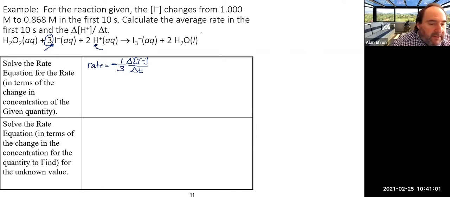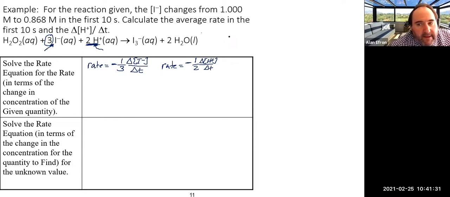We also could do a similar approach for H plus, which we're interested in, and that would be the rate. H plus is also a reactant, so that would be minus. The coefficient is 2, so that'll be 1 over 2, change in the concentration of H plus over the change in time. Any questions on how I got those 2 things?